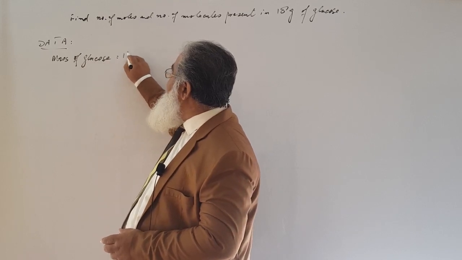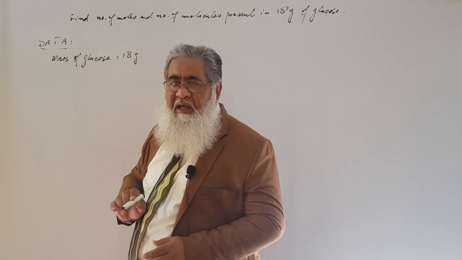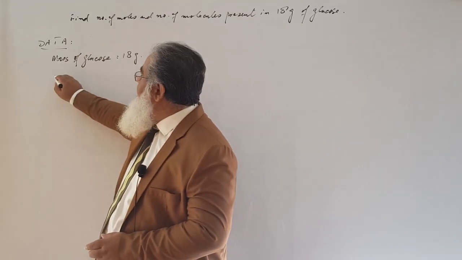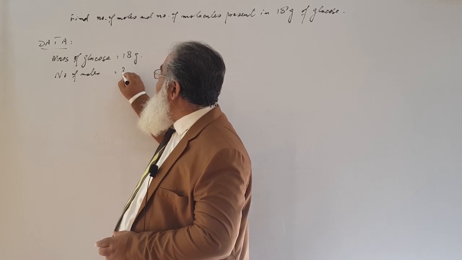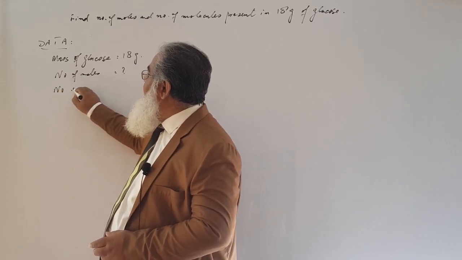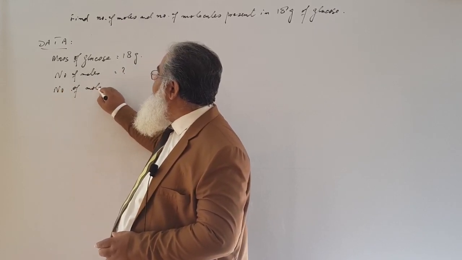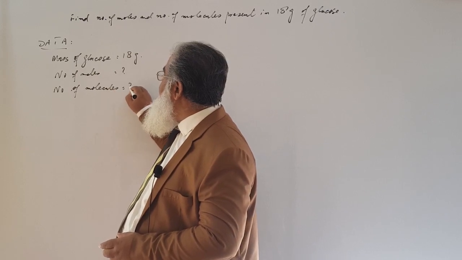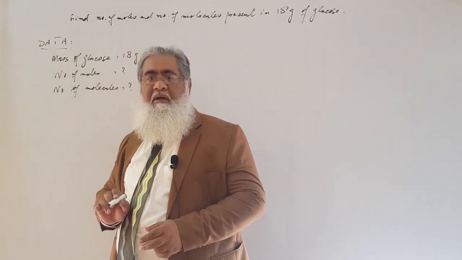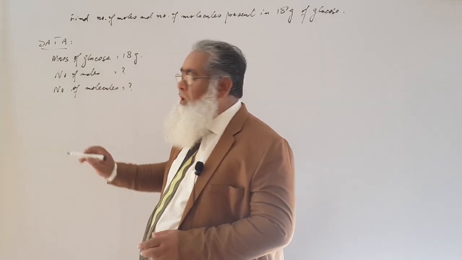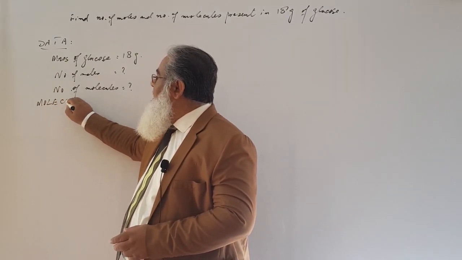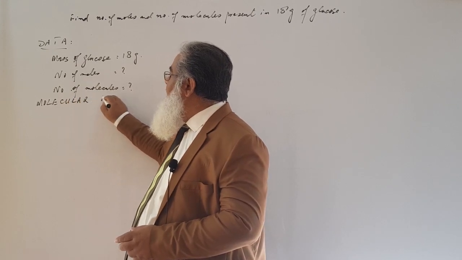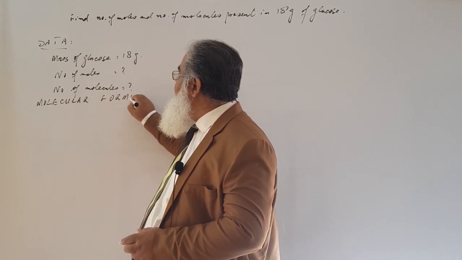Mass of glucose given is 18 grams, and we are asked to find number of moles and number of molecules. Now, as we are in need of molecular formula of glucose, here we are going to write heading of molecular formula.